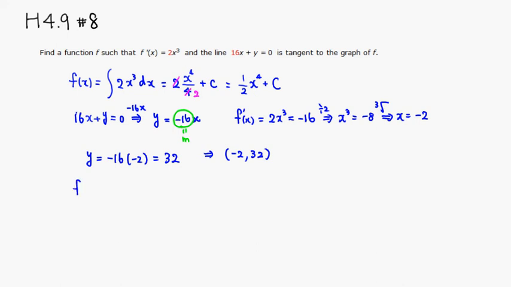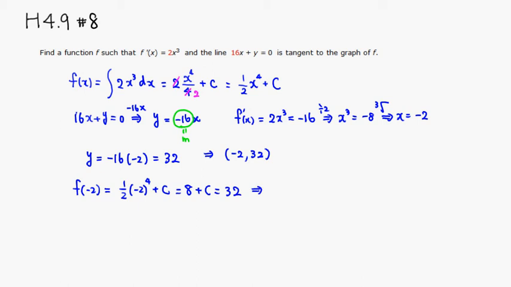So f of negative 2 is equal to 1/2 times negative 2 to the 4th power plus c. Negative 2 to the 4th power is 16, divided by 2, so that will be 8 plus c is equal to 32.